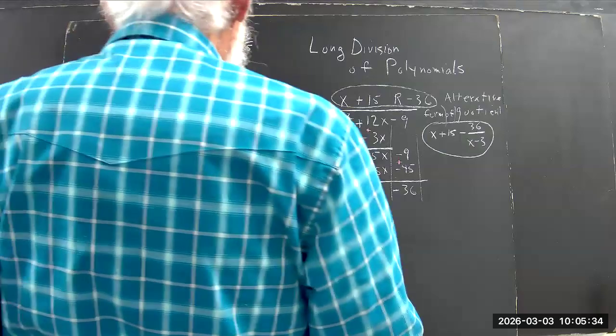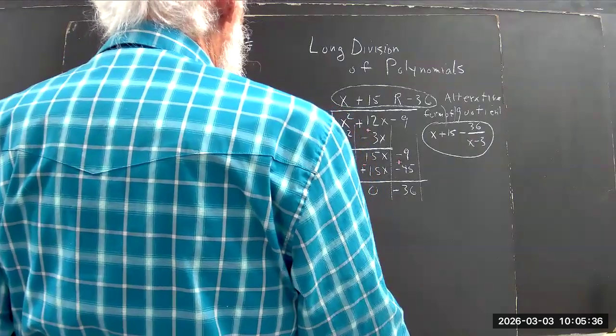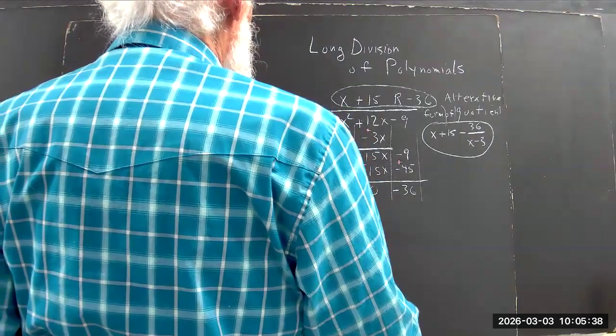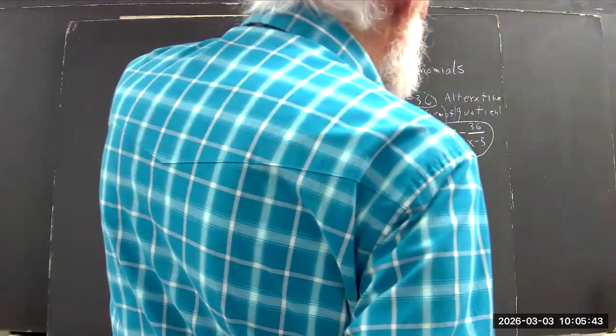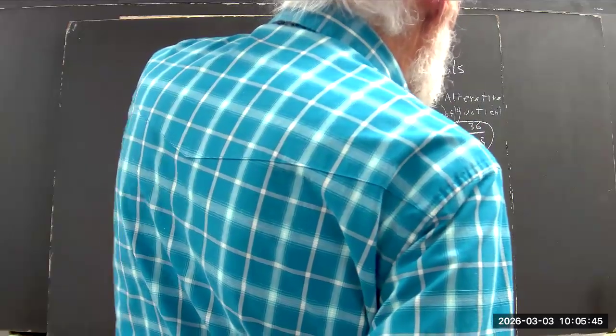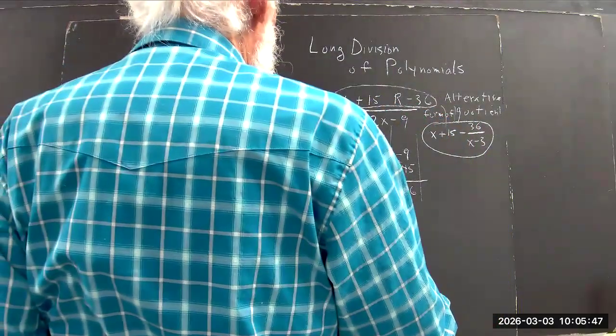Okay, well, over here, the divisor is x minus 3. The quotient is x plus 15 minus 36 over x minus 3.